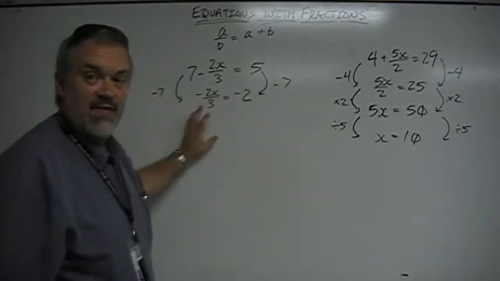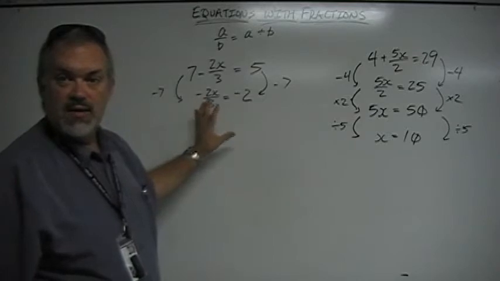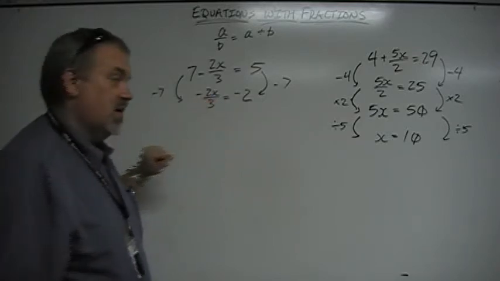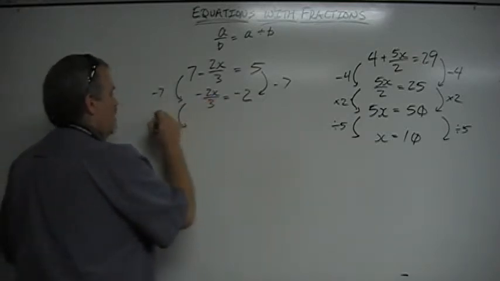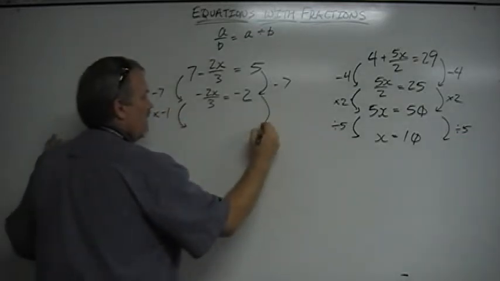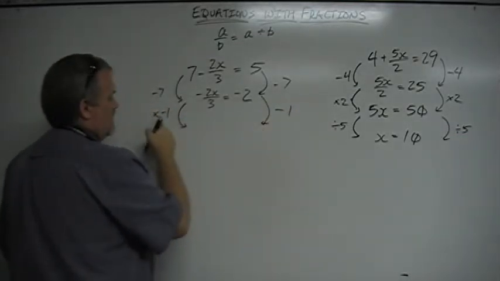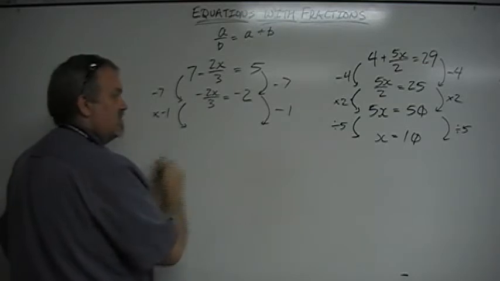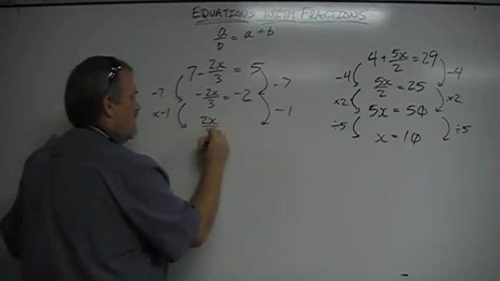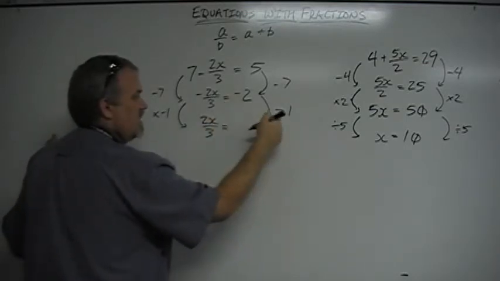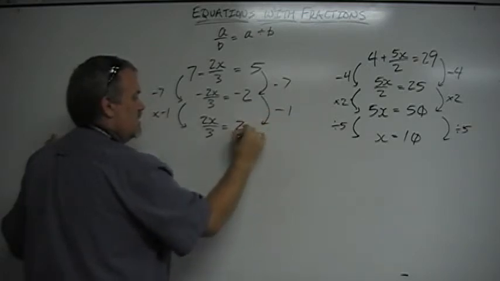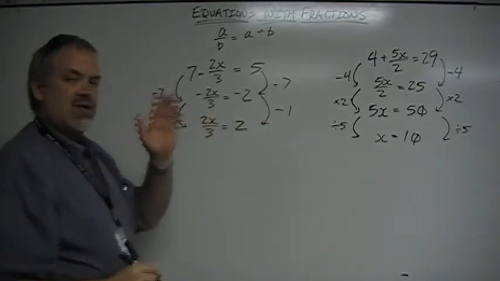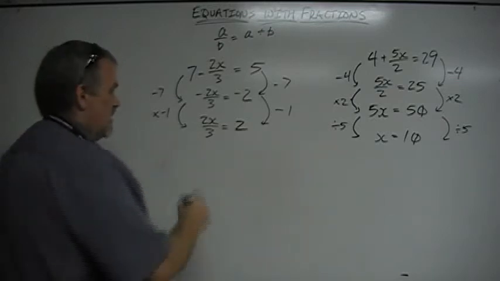Now because we have a negative fraction, the simplest way to get rid of the negative and make it easier is multiply by negative 1. And the reason we do that is because a minus times a minus gives me a positive. 2x over 3 equals, again, minus times a minus gives me 2 times 1 is 2. Then we're back to just solving it as we would a fraction.